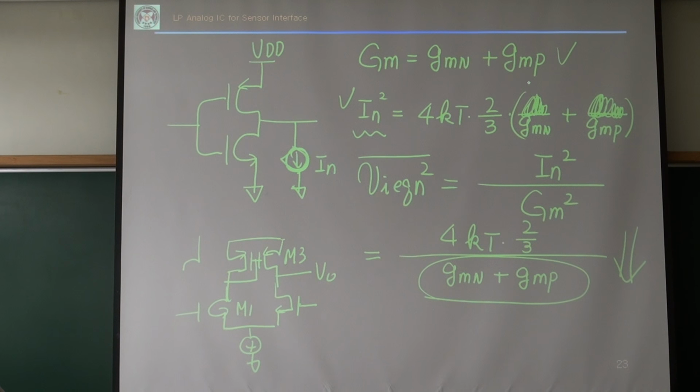So this GM is small because it is only GM1, but the noise involves GM1 and GM3. So this one has a much larger noise than this CMOS inverter. This active load contributes to noise, not to the transconductance of this amplifier.